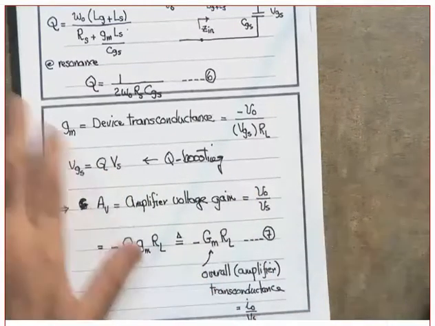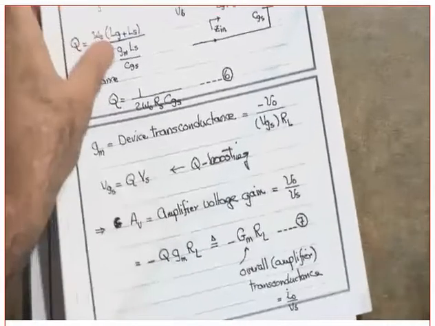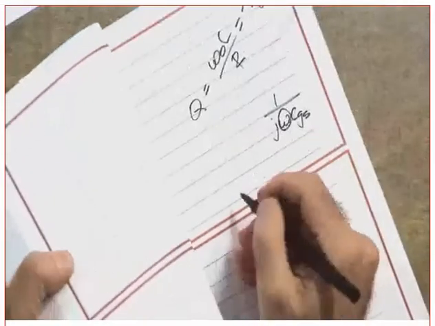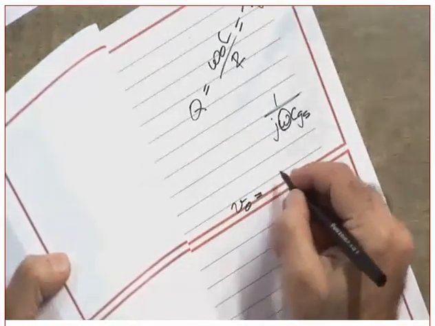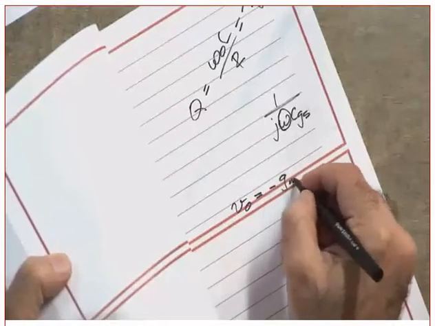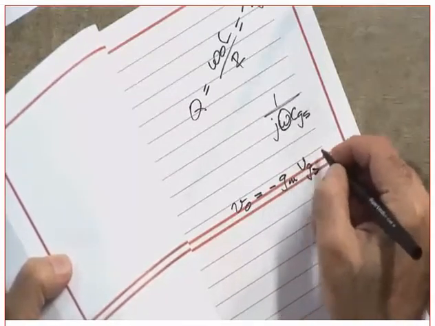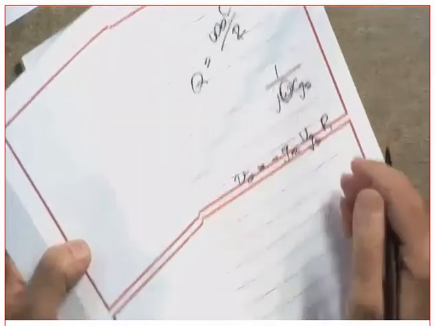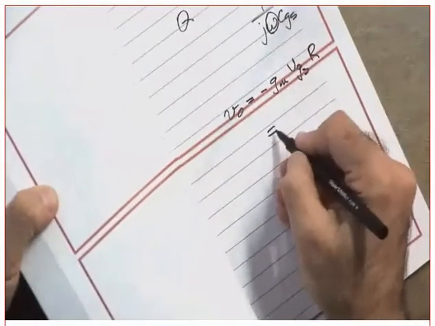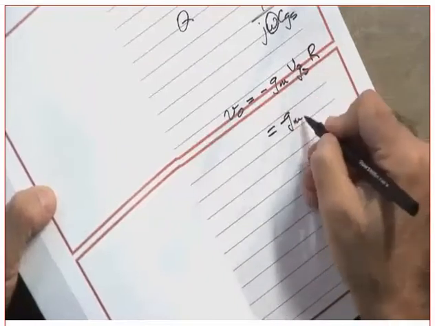I need to show you one thing at two steps at a time. Okay, let me show it to you. What do I have? I have V naught equal to minus GM VGS times R. And what is VGS?